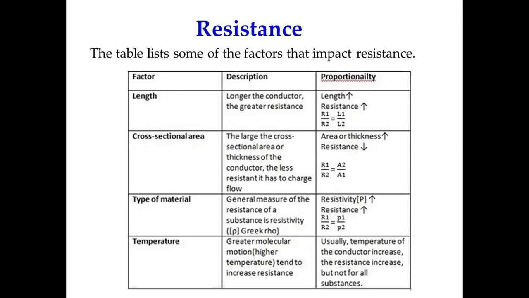And the type of material obviously affects the resistance. We also consider the resistivity, which is the measure of resistance of a substance; more resistivity means more resistance. Usually as the temperature of the conductor increases, the resistance increases, but not for all substances. It varies with different substances.